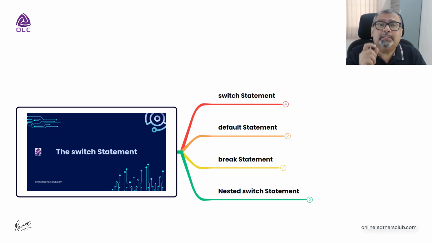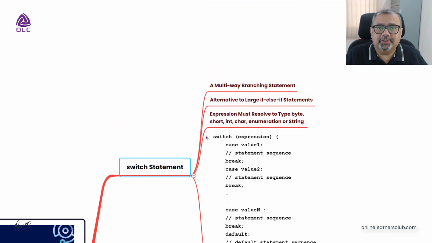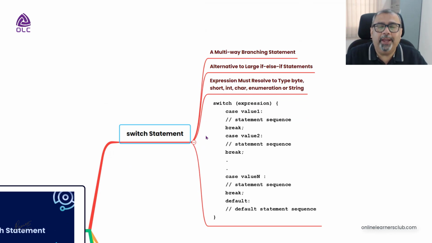And if your requirement is that you have an expression which need not provide a Boolean output, instead it might give an integer, a string, a short value, then in that case, if you want to branch, you have the switch statement. So the switch statement can be used for branching different conditions. This is the basic concept of where we can use the switch statement for multi-way branching logic.